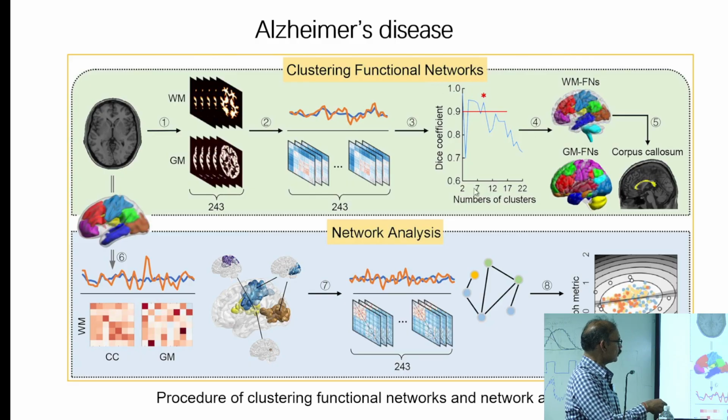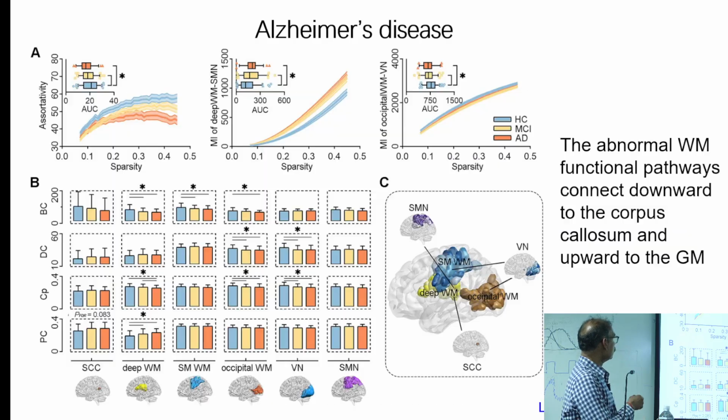Then we use clustering to find a set of networks, both from the white as well as gray matter network. And then by using network analysis, we can find different subregions which are connected, right? And this shows using graph theory that there is a difference between healthy control, MCI, and AD subjects.